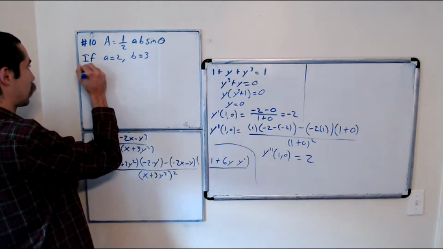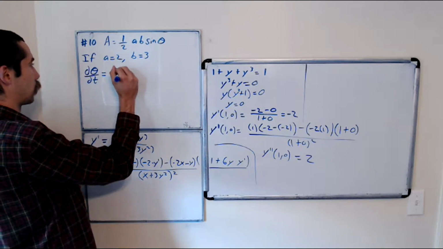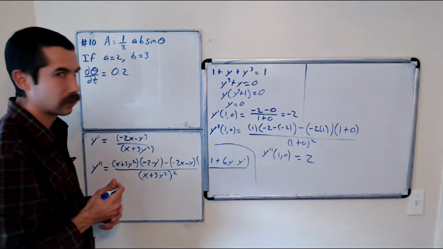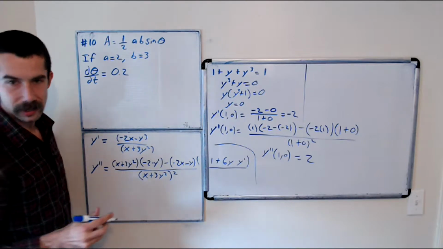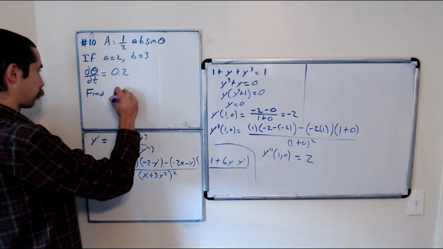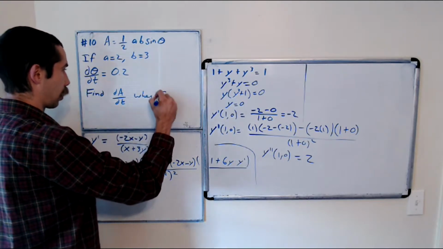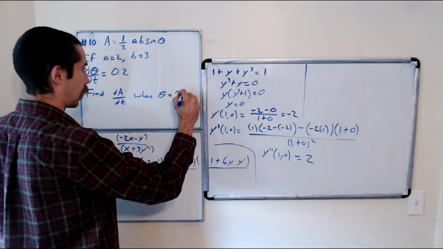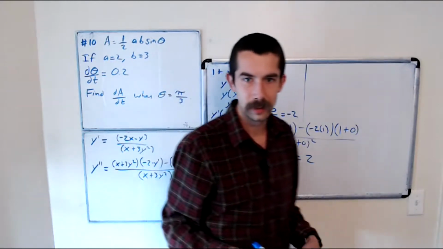So what is that? d theta/dt is equal to 0.2 radians per minute. We want to find how fast the area is increasing. So we want to find dA/dt when theta is equal to pi over 3. Okay, so that's what the question asks.